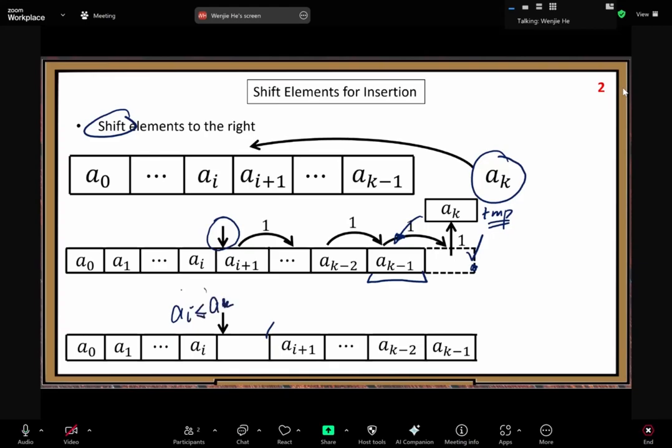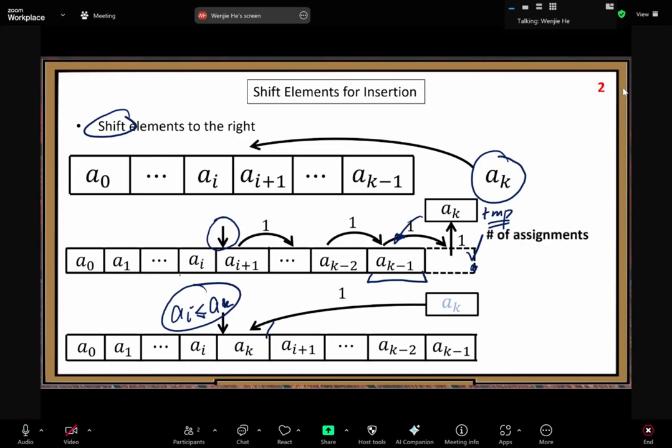When you hit this condition, then your insertion step should be completed right here. So you drop the A[k] element to this vacant location. So you complete the insertion. So that's the whole process for the insertion operation.